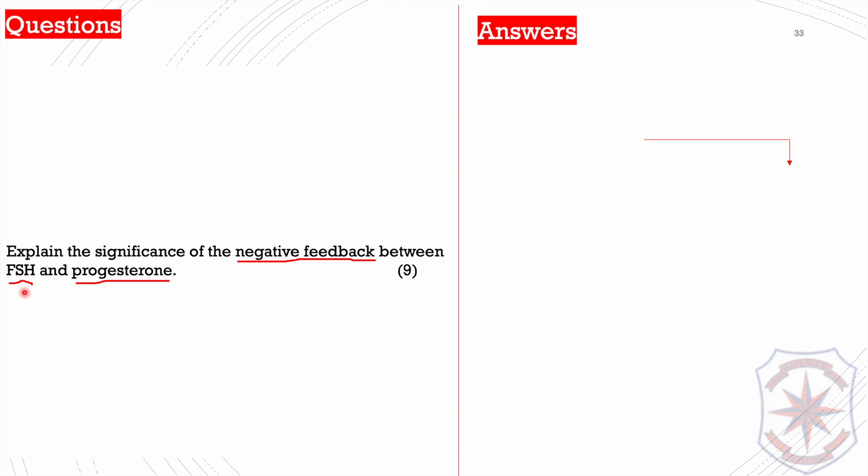FSH is only secreted when the woman is not pregnant. Okay, guys? It brings about the growth of a follicle, and on day 14 the follicle bursts under the influence of LH and releases an ovum. So FSH prepares for pregnancy.